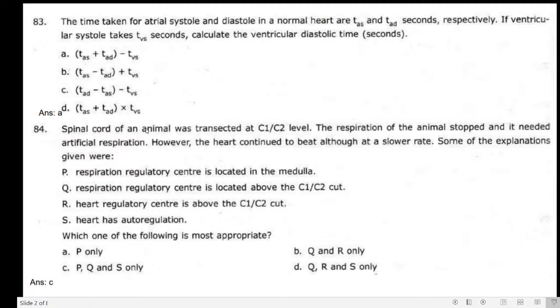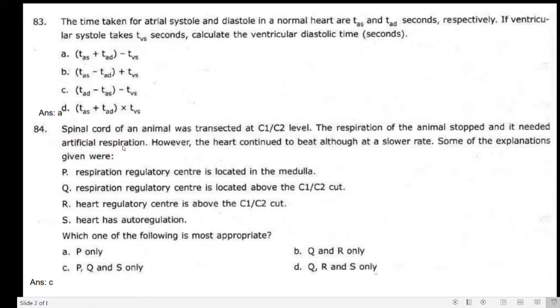Next question: the spinal cord of an animal was transected at the C1 by C2 level. In this way, the respiration of the animal stopped and it needed artificial respiration.